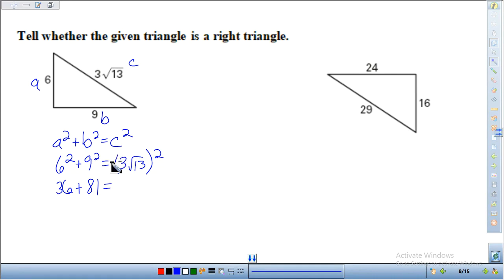I would encourage you to just use parentheses and square. Otherwise, you're going to get a different answer. So when we simplify that down, you should get 117. On the left side, if we finish simplifying, you should also end up with 117. So because both sides are equal, we know that it fits the Pythagorean theorem, which tells us that this must be a right triangle.